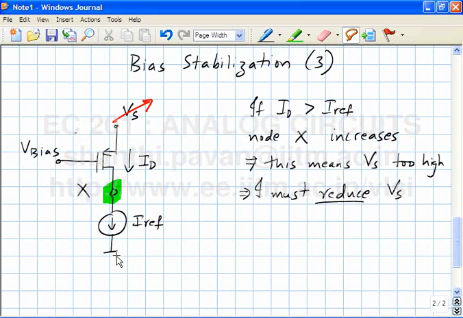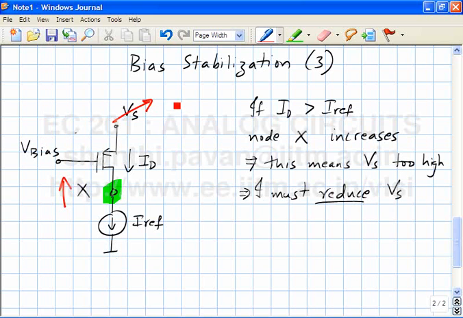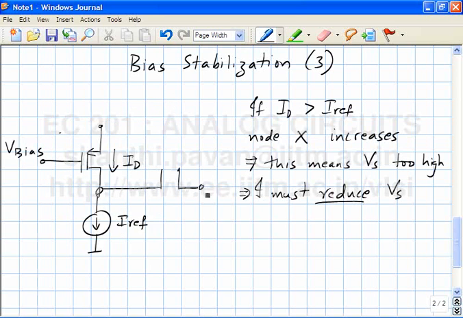When the node potential at X is increasing, I must reduce Vs. Okay, so I need some kind of inverting amplifier. One way of doing it is to use an op amp. So you compare the potential of this node X to some constant value called Vref.